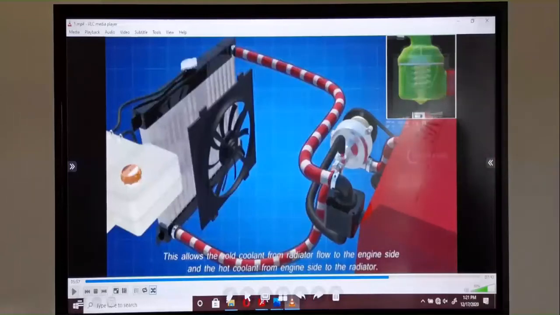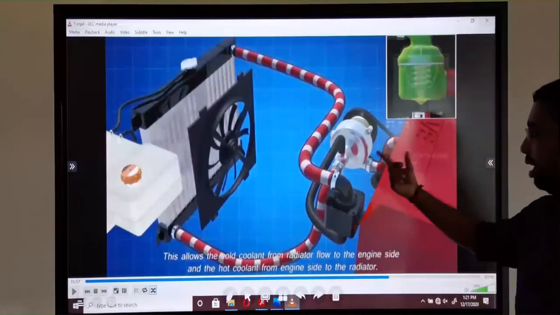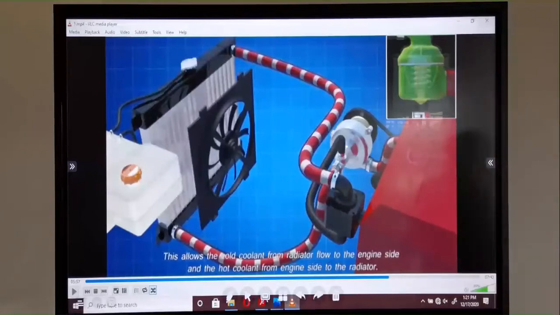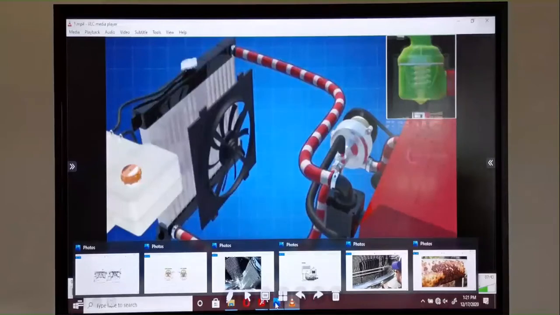So now we study how this thermostat controls. There are two ways: one is the bypass line, another is the main line. How does it control the two-way arrangement?